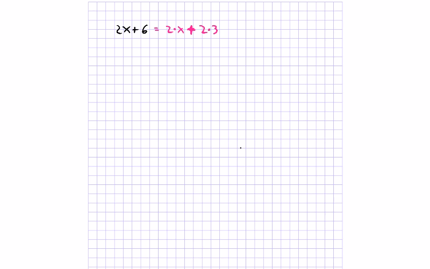And since both terms have a 2 in common, this could be rewritten as 2 times the quantity x plus 3. Remember, just a few videos back, we saw that if we took 2 times the quantity x plus 3, we would get 2x plus 6.